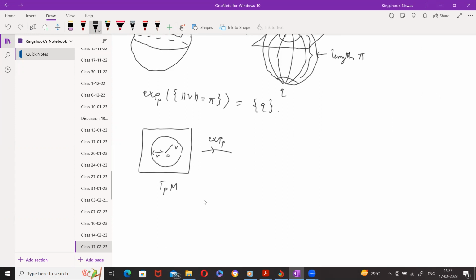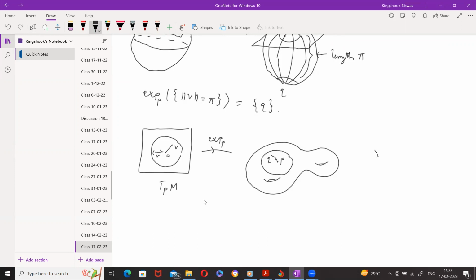In my manifold, which maybe looks something like this, the image will be a geodesic ball like this, and from P, I'll go to, say, Q. So the image of this line segment from 0 to V will be a geodesic from P to Q, and this will be the shortest length curve from P to Q in the whole manifold.